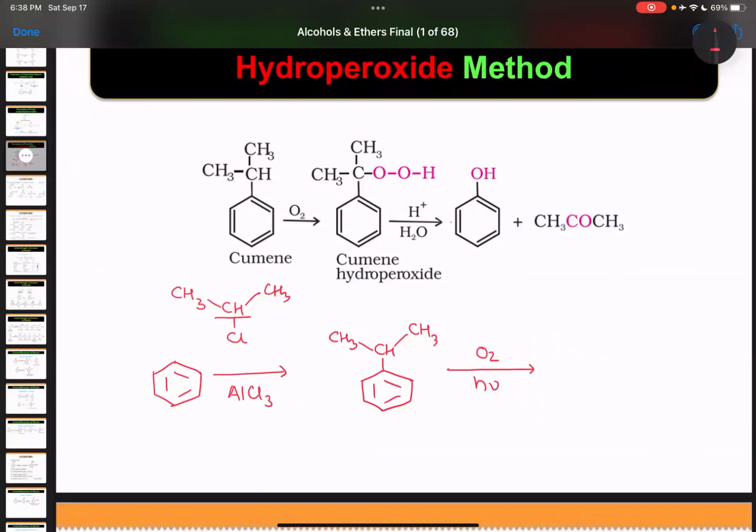Yeah, the tertiary hydrogen will react, and this H will get abstracted, and you will have this.